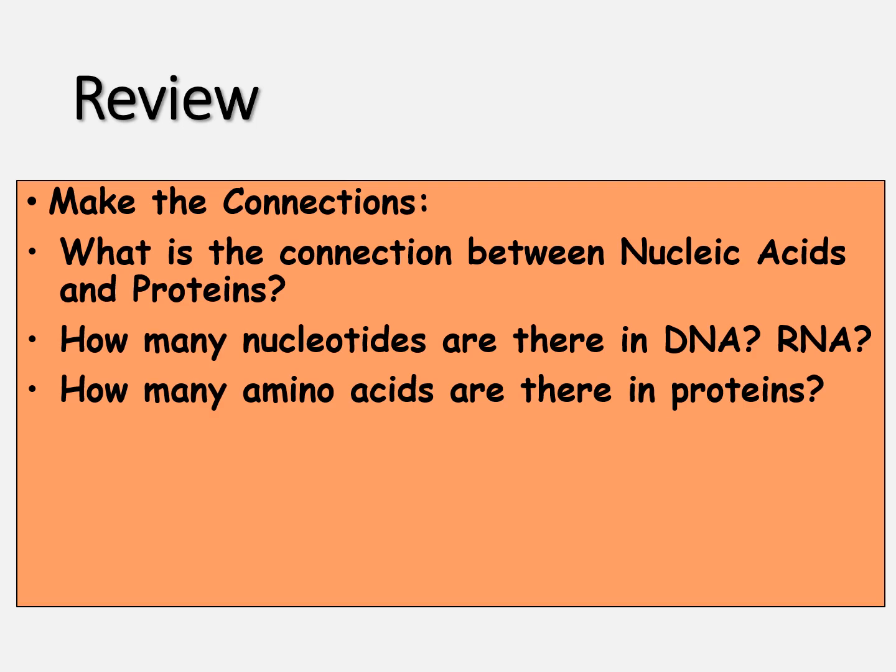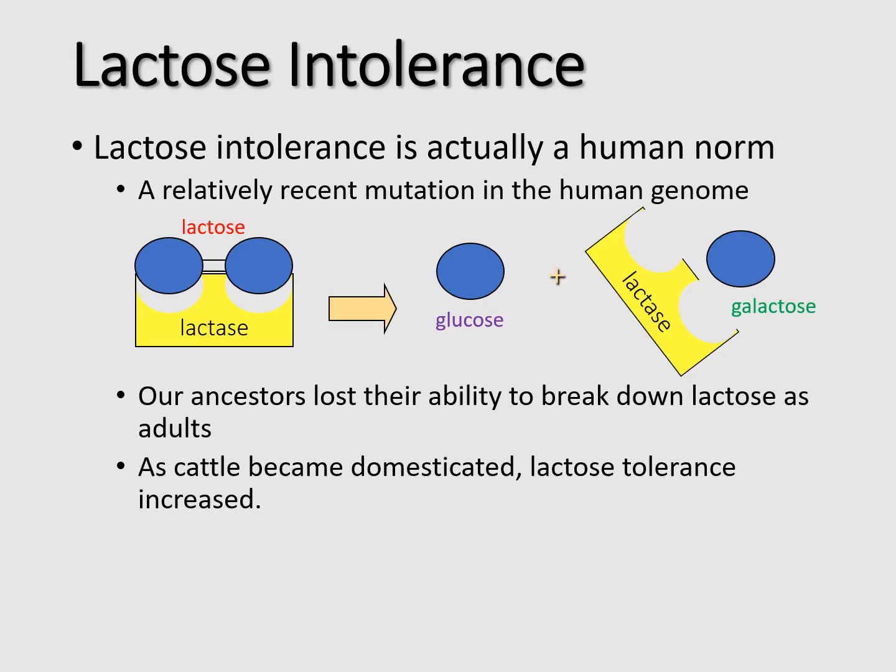So A connects to T, C connects to G in DNA. Then we replace the T with a U. So those are our nucleotides. And we have 20 amino acids in our proteins. So the proteins are made up of just a different combination of those 20 different amino acids. So we have a lot more amino acids than we do nucleotides.